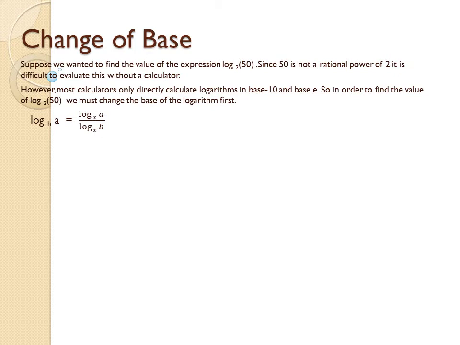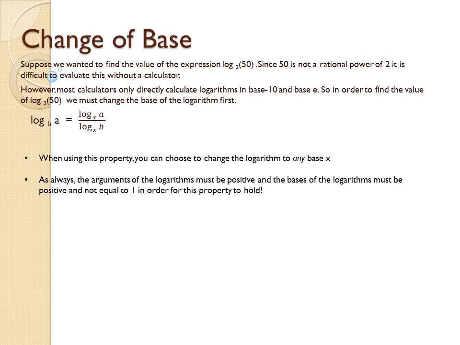Basically a goes in the numerator, b goes in the denominator, and x comes as the base. So this is called the change of the base theorem. Let's see how we can now evaluate log 50 to the base 2.